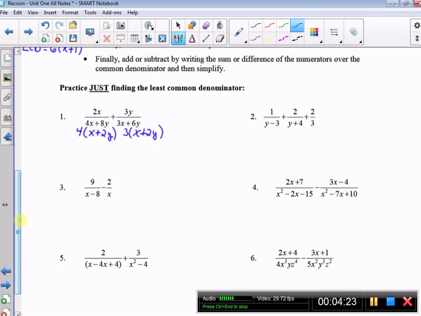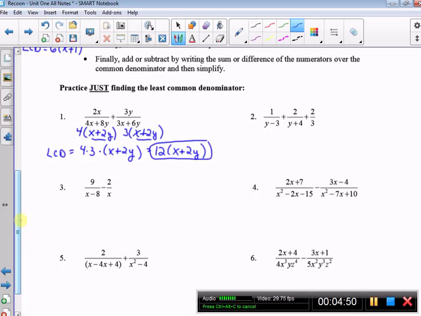So they have x plus 2y in common. So what do they not have in common? The 4 and the 3. So the LCD is 4 times 3 times x plus 2y. What they have in common, one of them, times what they do not have in common, which is 12 times x plus 2y.